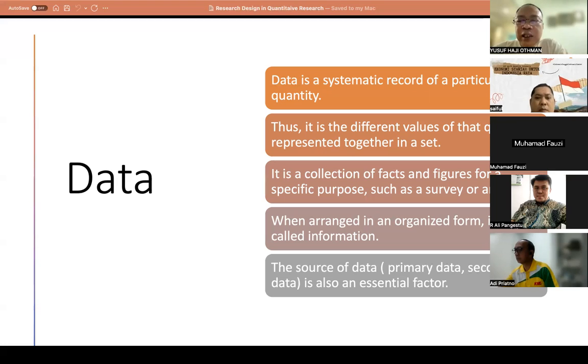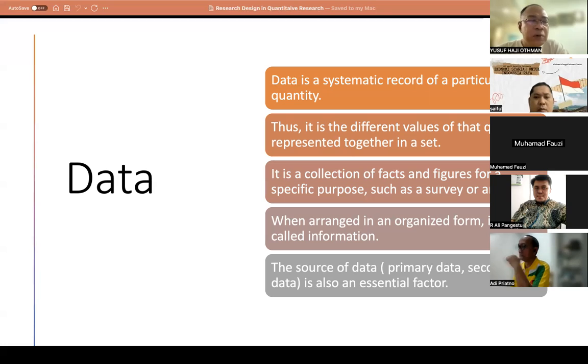When arranged in an organized form, it can be called information. The source of data: we have primary data, the data that the researcher collects using questionnaires, interviews, and other methods, and also secondary data. Secondary data is used predominantly in economics, for example. The data is collected by other parties.